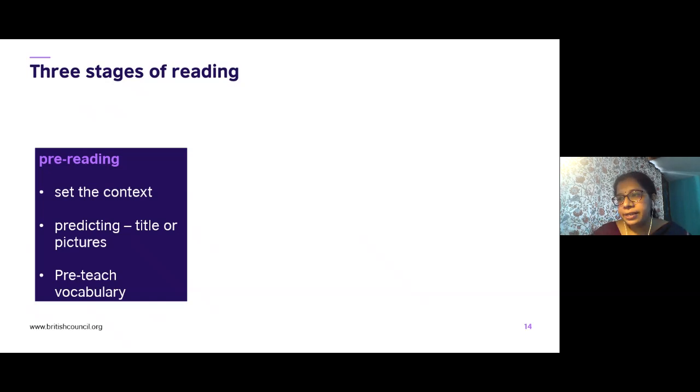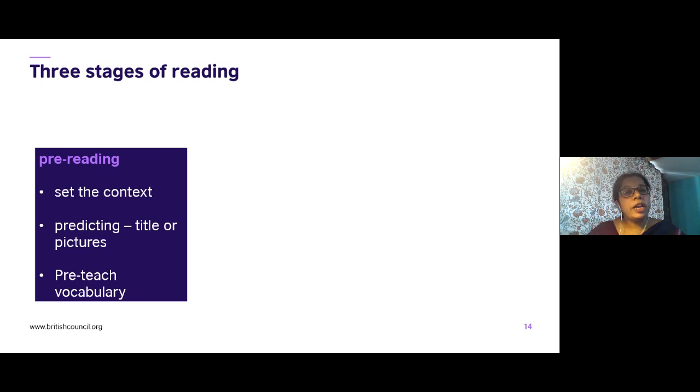Now, in the pre-reading stage, before they actually read the text, you could set the context. You can get students to work in pairs and predict what this text could be about. They can do this by looking at the title of the text or looking at some of the pictures, like in the slide that I just shared.